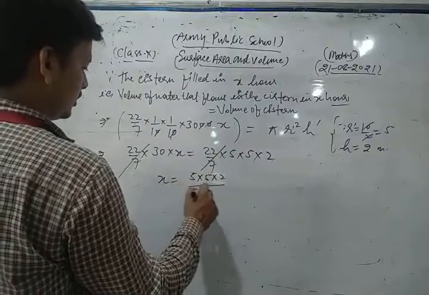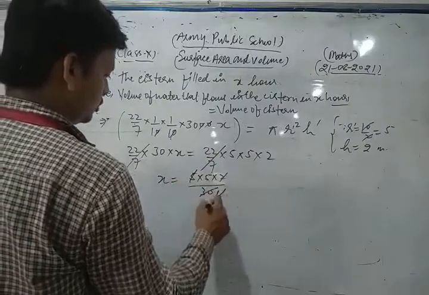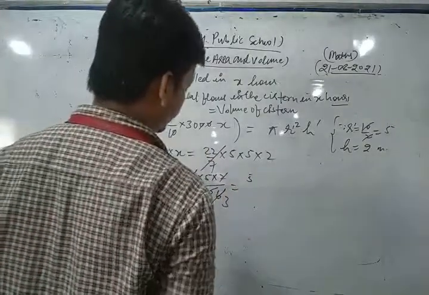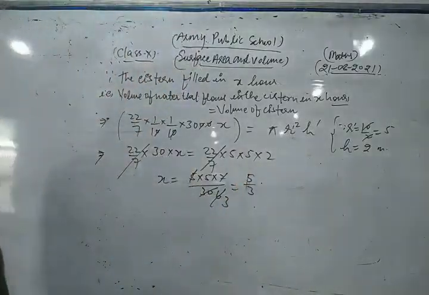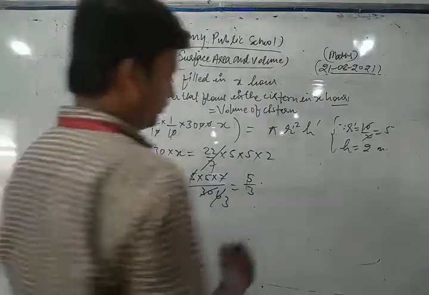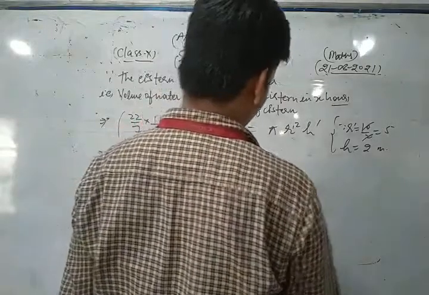So x is equal to 5 into 5 into 2 upon 30, that is 5 upon 3 hours.